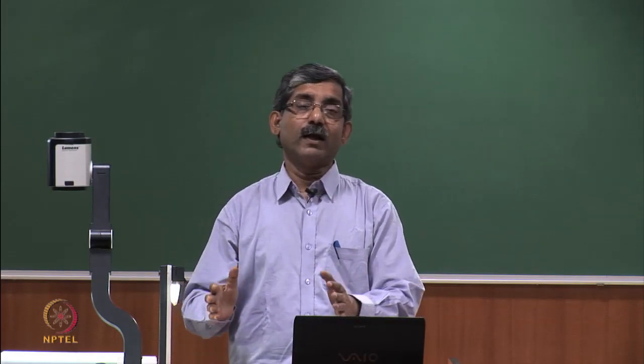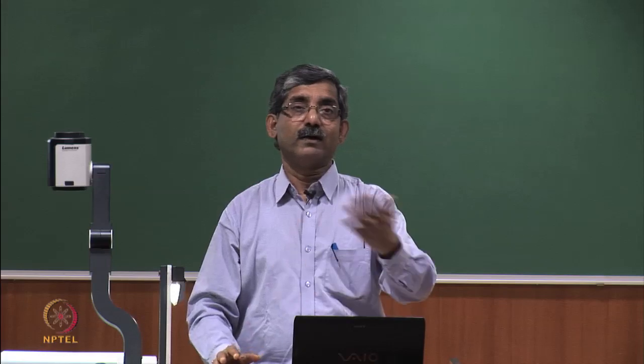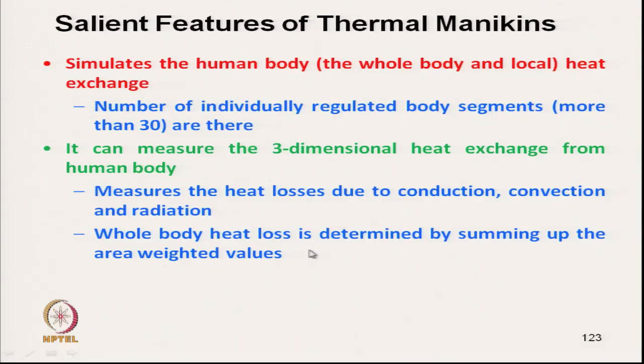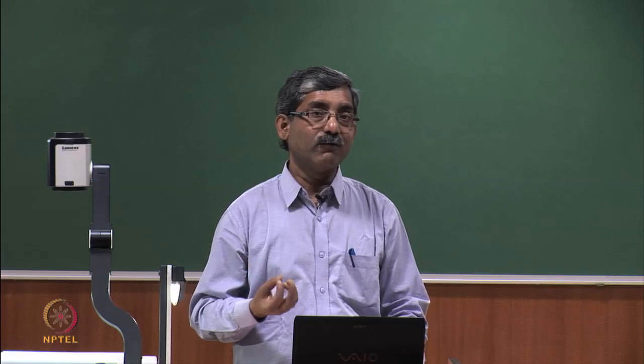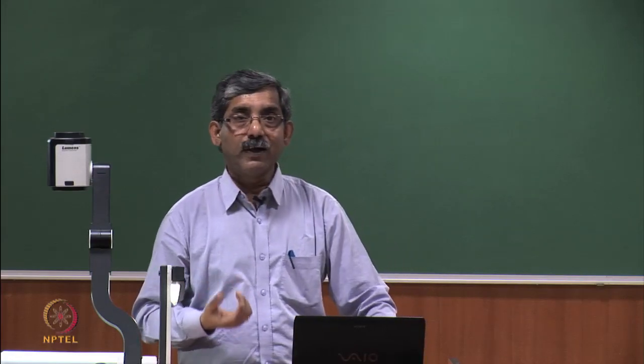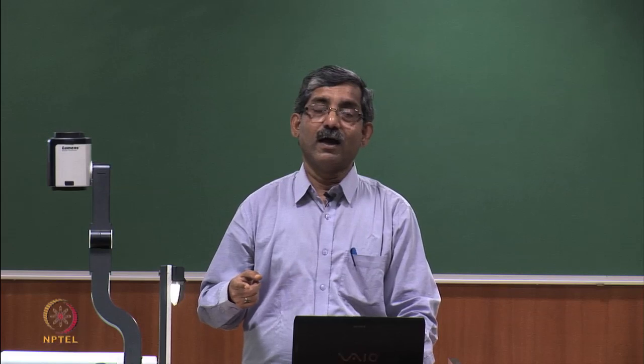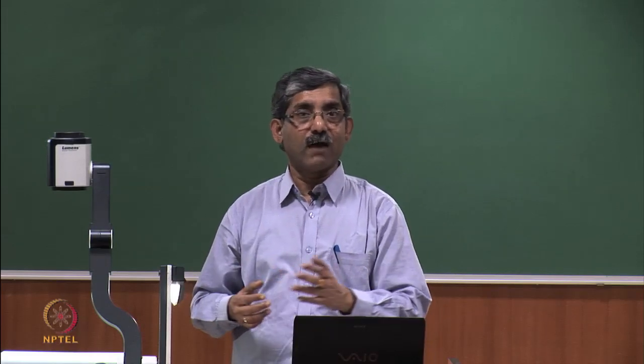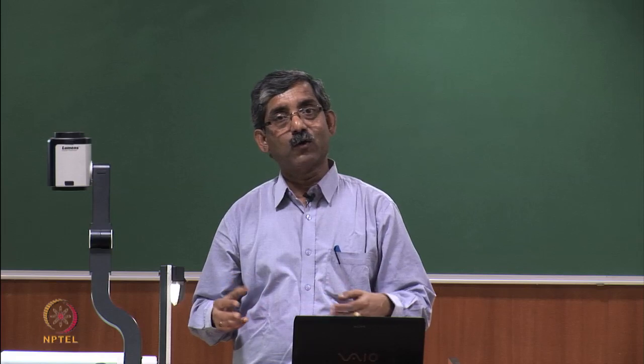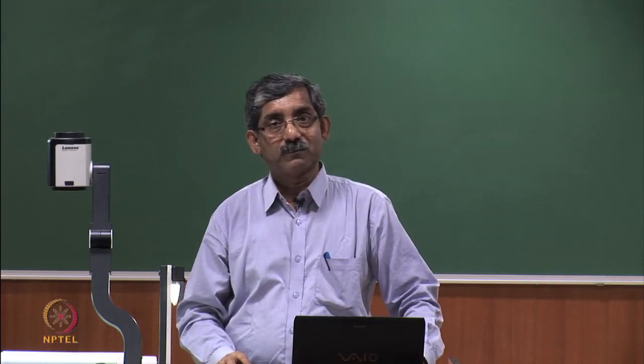And mannequin we can place at different climatic condition. Whole body heat loss is determined by summing up of area weighted value. So, at different portion the heat loss, heat transmission will be known through different segment, different sensors, and depending on the area, if we can measure the weighted average, so we can calculate the whole body heat transmission.